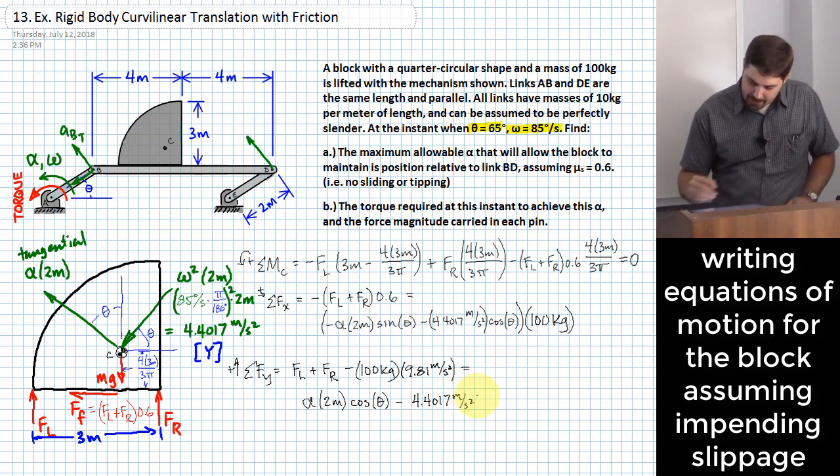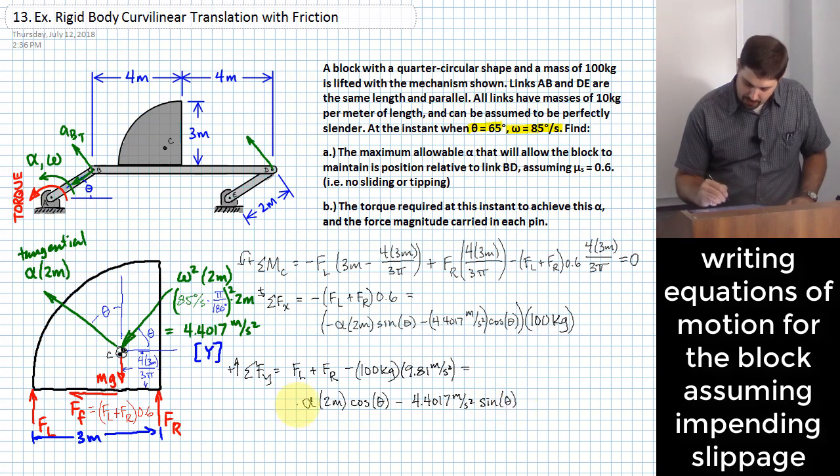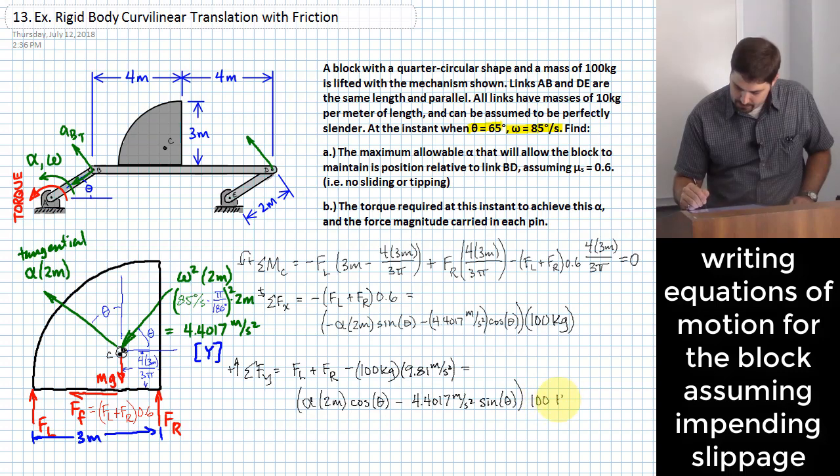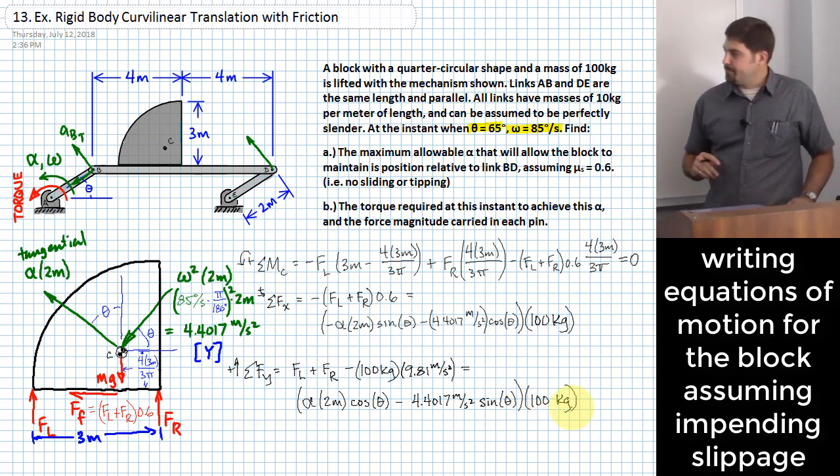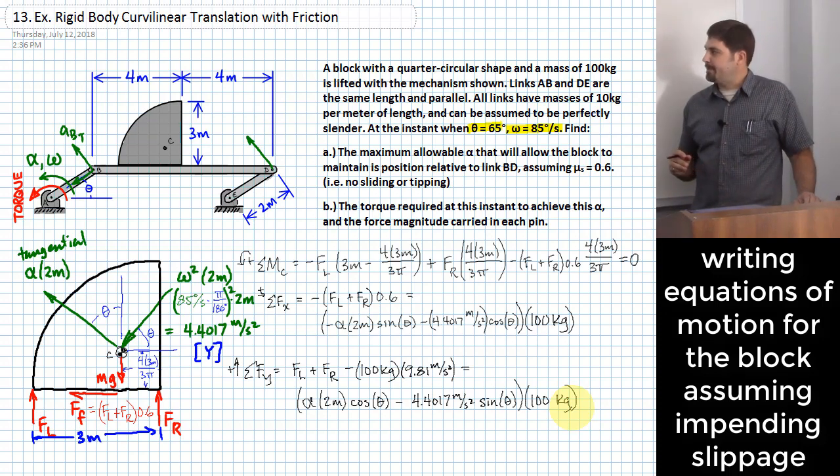For this one, I want to multiply it by the sine of theta. And all of this is also going to have to be multiplied by 100 kilograms, so that I fulfill my F equals ma.